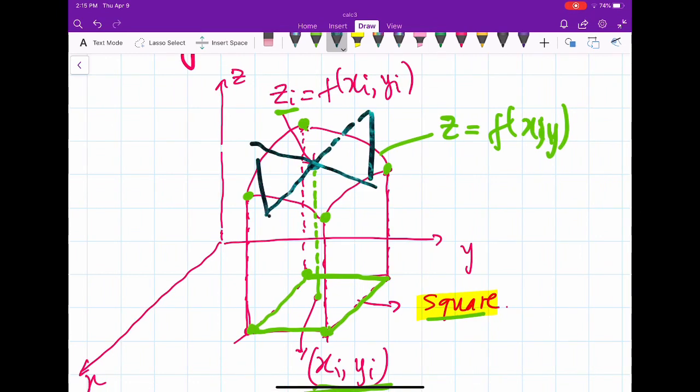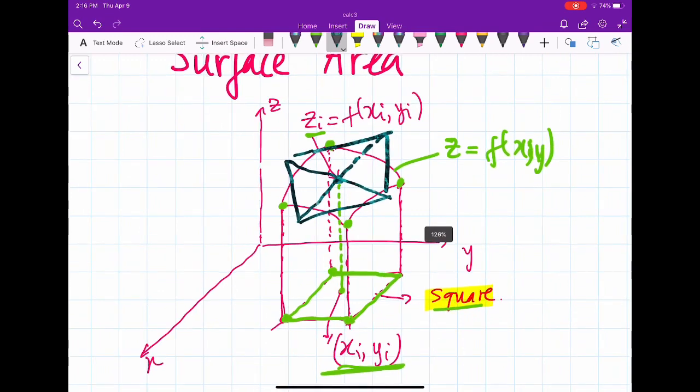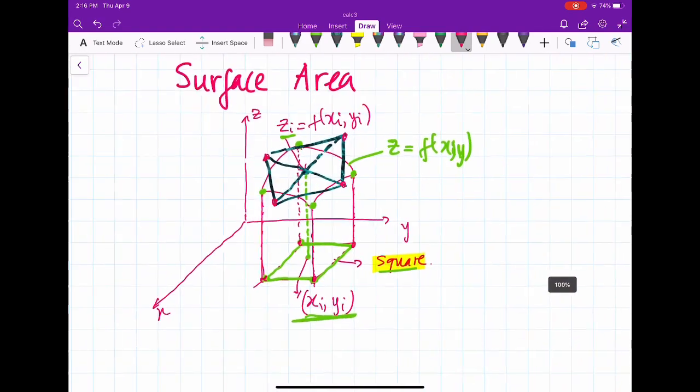Make sense? Okay. So we have some tangent plane in here, and we can find 4 points on this tangent plane which correspond to the vertices of the square. Let's say this one, and this one. Then I can approximate the area of the surface by the area of this parallelogram. Okay, so that is the whole idea.